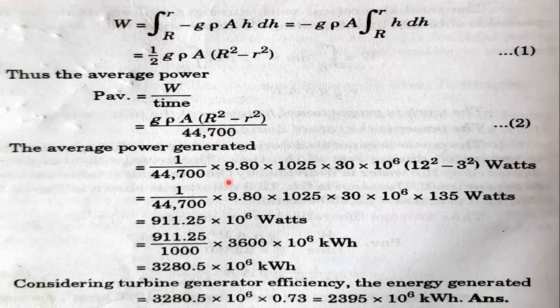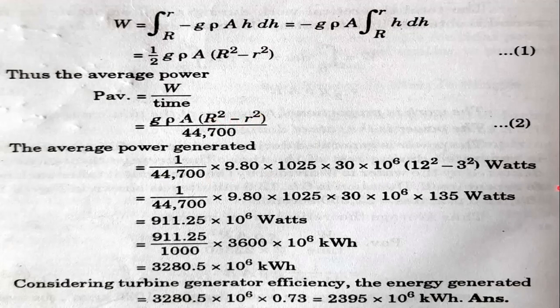Now we will substitute the required values in the formula. The average power generated is 1 by 44,700 into G, which is 9.81, a constant, and rho, also a constant, 1025, into area given as 30 into 10 power 6, and the maximum height is 12 and minimum is 3.